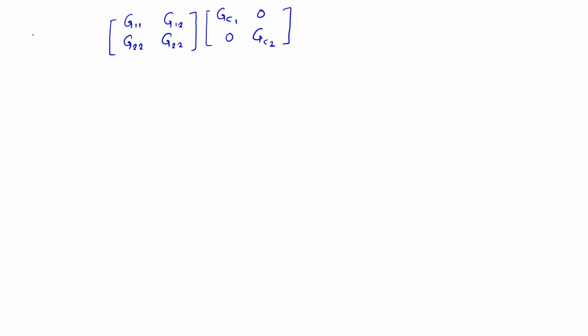So this is what GPGC is, plus the identity, this is I plus GPGC. Let's just see what this is going to be.